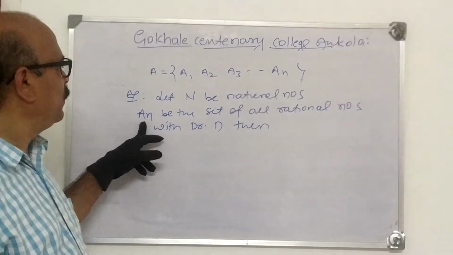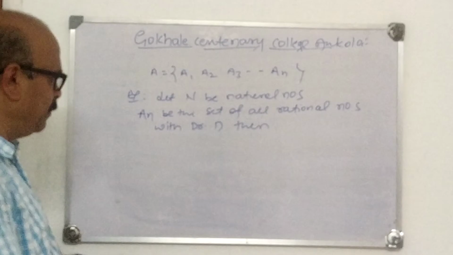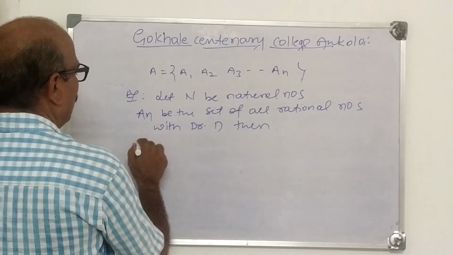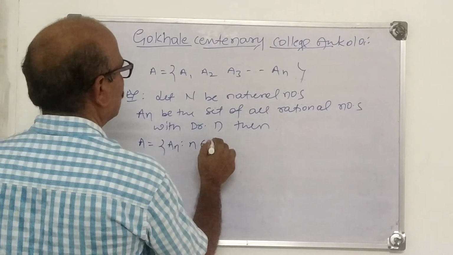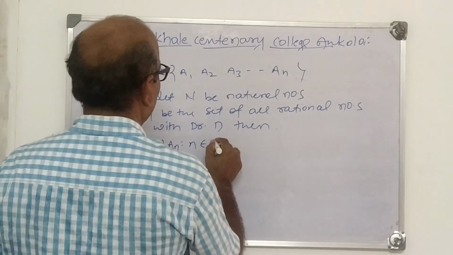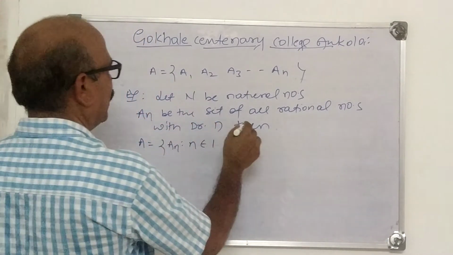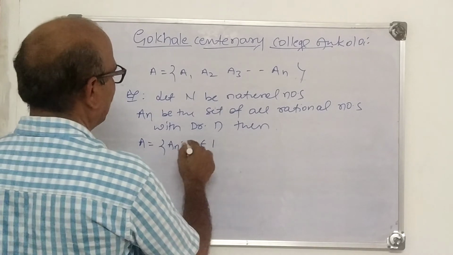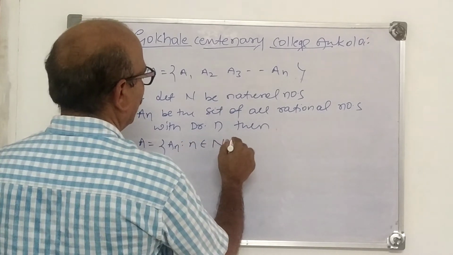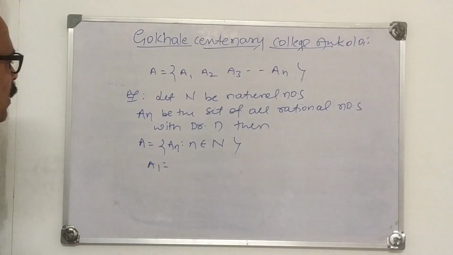Let An be the set of all rational numbers with denominator n. Then A is the set of all An such that n belongs to N. An is the set of all rational numbers with denominator n, for n belonging to N. How is A1 defined? Now An is defined like this.